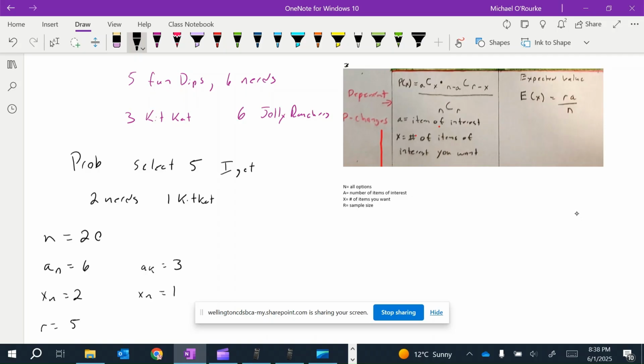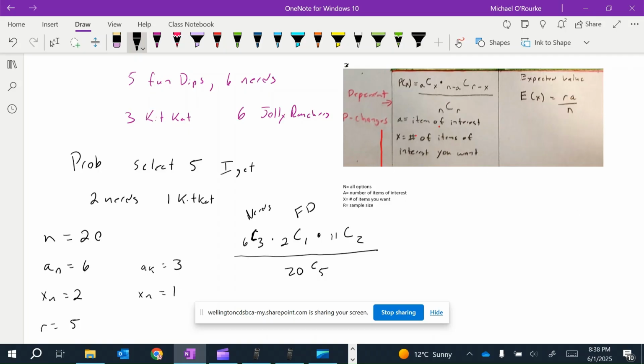So we're going to kind of break this down. Let's do Nerds first. So it's going to be 6C3 times, now the Kit Kat's going to be 2C1. Now we still have how many more candies to get? We still have 2 more candies to get. But we don't care if they're Fun Dip or Jolly Ranchers, so it's going to be 11C2, divided by everything together, which is going to be 20C5. So this is Nerds.